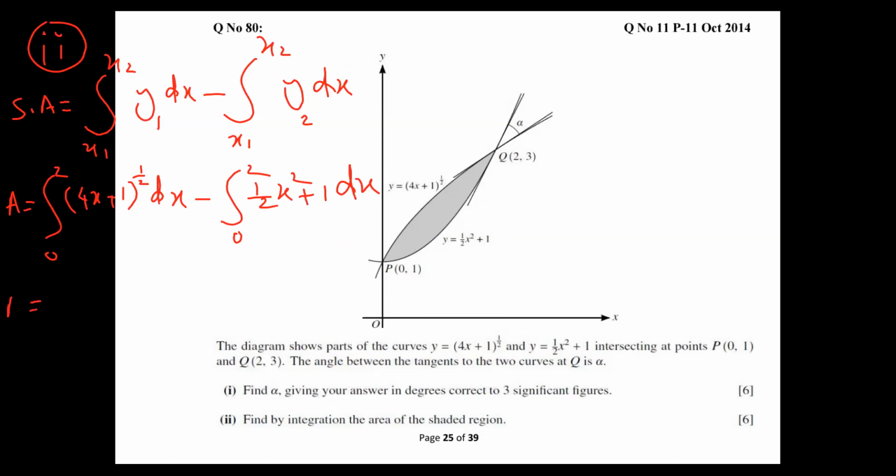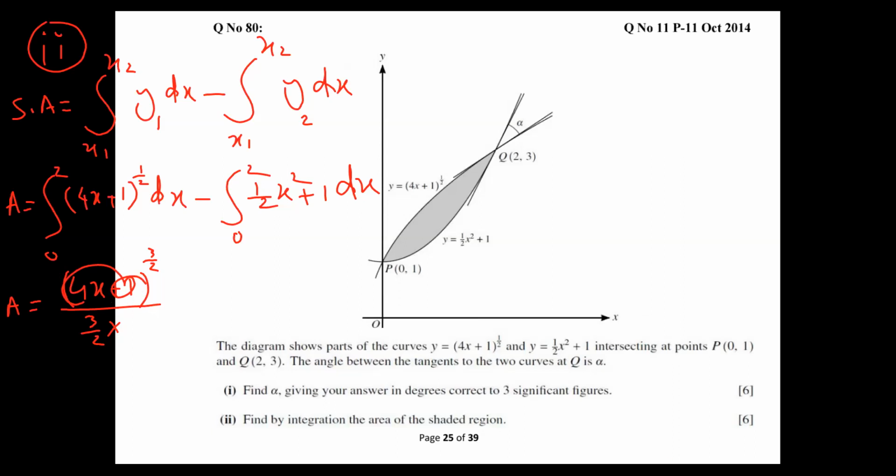What is the rule of integration? All of you are familiar. It is called linear base. Linear base means the power of x is 1. When the power of x is 1, you can integrate without expanding: add 1 to the power, giving 3 by 2, and 3 by 2 in the denominator, and also divide by the derivative of the inner part, which is 4, because this becomes 0 and this becomes 4.